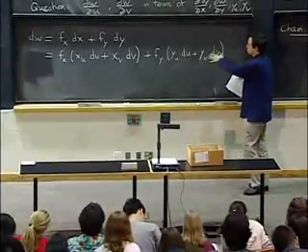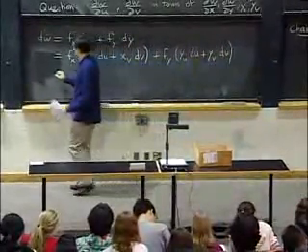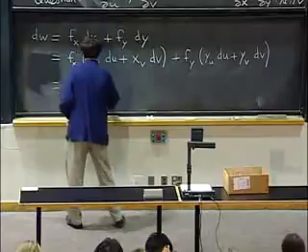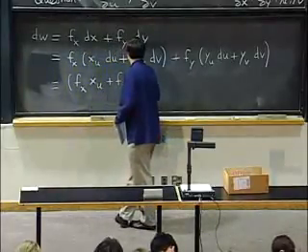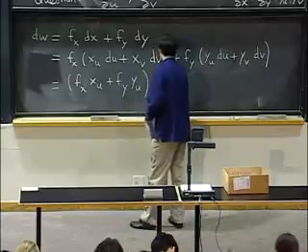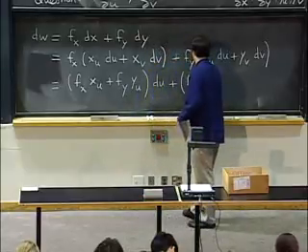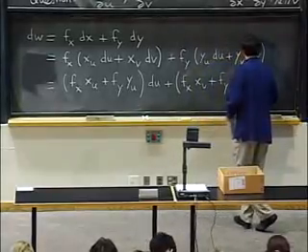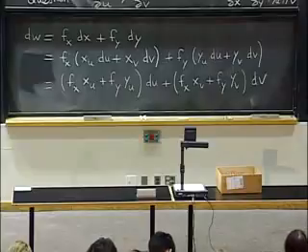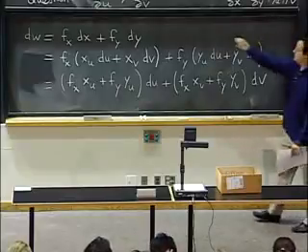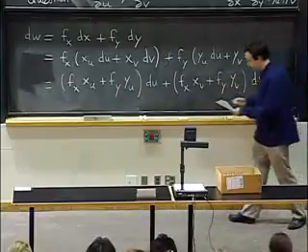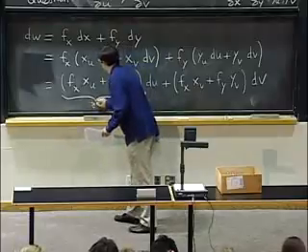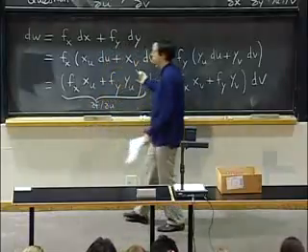Now, let's actually collect terms so that we see it a bit better. So that's going to be f sub x times x sub u plus f sub y times y sub u, du, plus f sub x x sub v plus f sub y y sub v, dv. And so now we have dw equals something du plus something dv. Well, that coefficient here has to be partial f partial u. What else could it be?